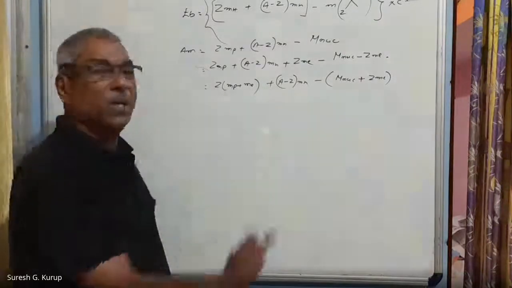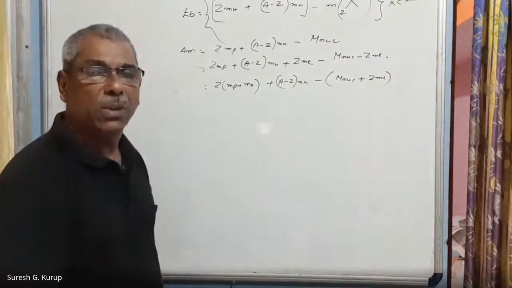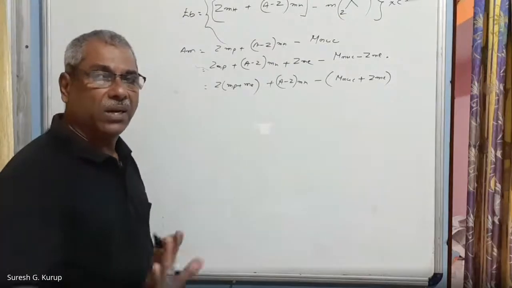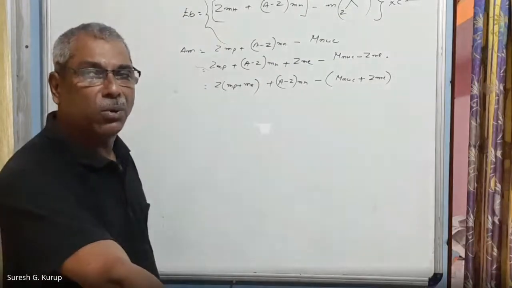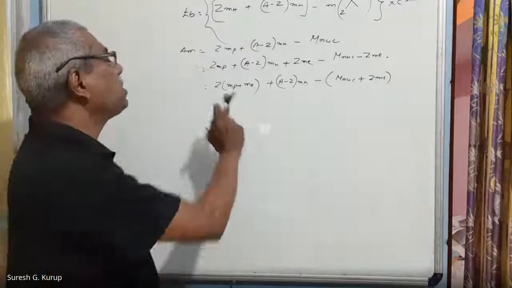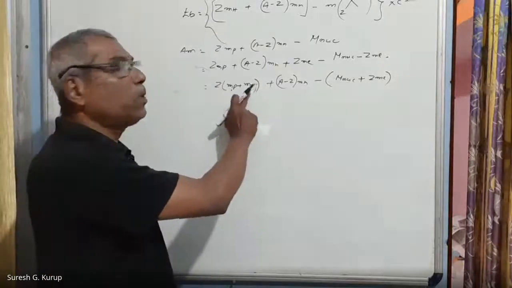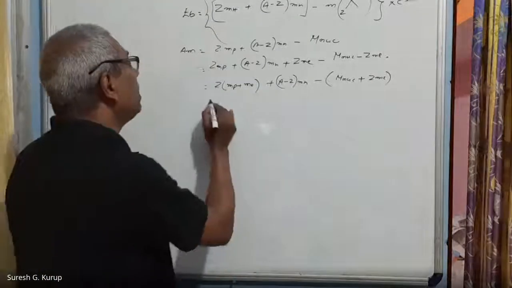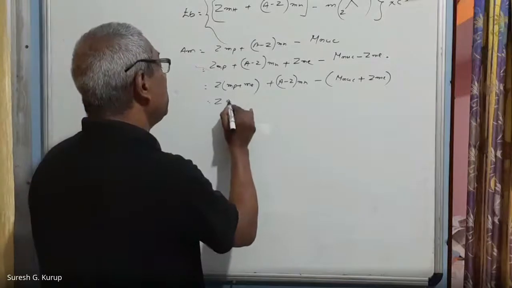MP plus Me means mass of a proton plus mass of an electron. Hydrogen atom contains one electron and one proton, right? Therefore, mass of a proton and mass of electron is same as equal to MH. This is equal to ZMH.